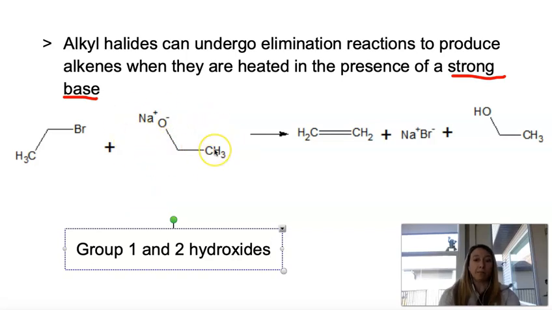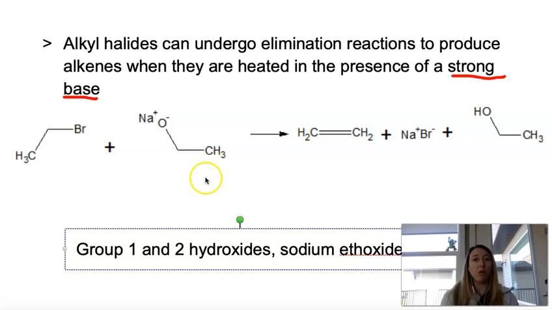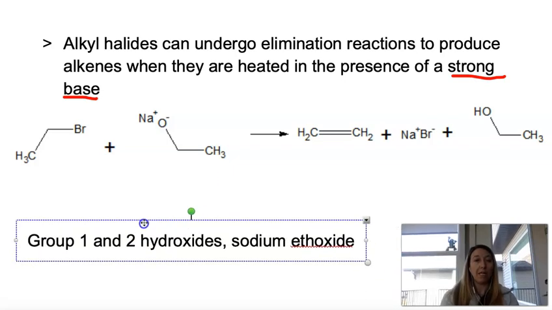This one here is known as sodium ethoxide. It is also considered to be a strong base, and you will sometimes see reactions that occur with that. And the last option that you will sometimes see is just to have that hydroxide ion present. It doesn't mean we don't have a cation. We do. It just implies that it's the spectator of that reaction.